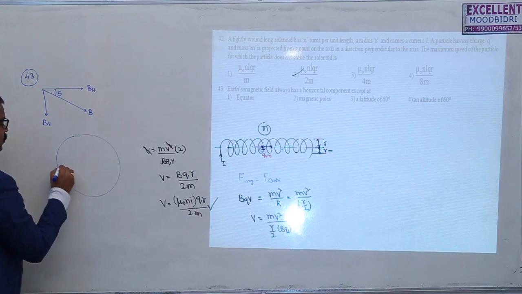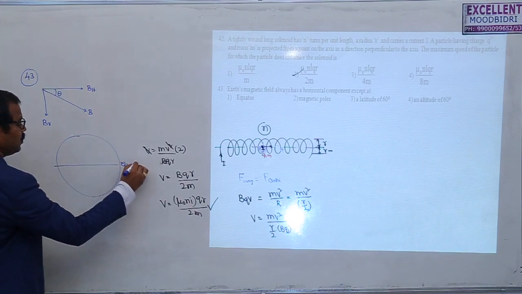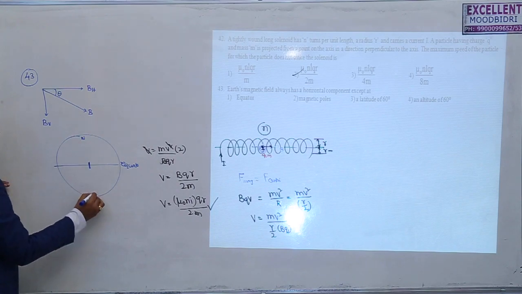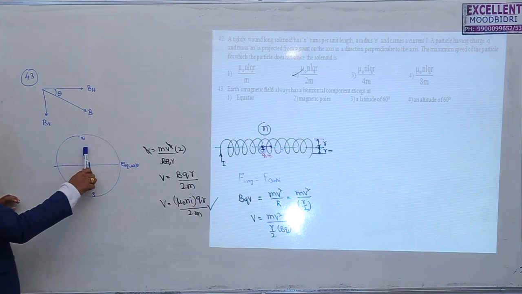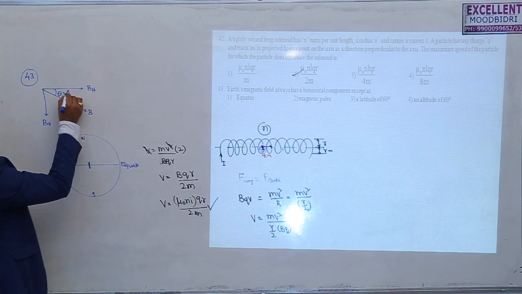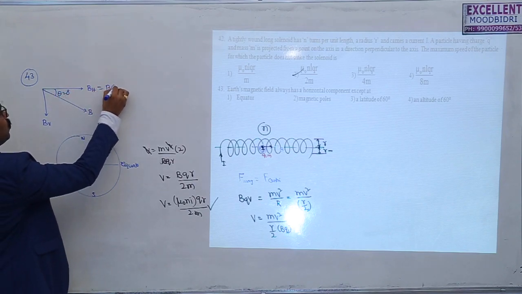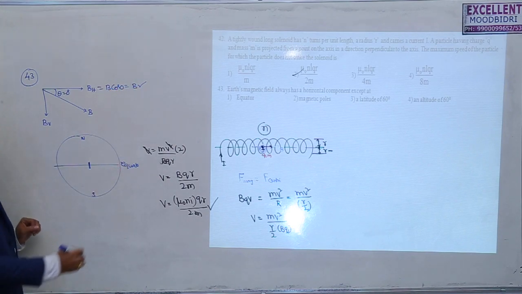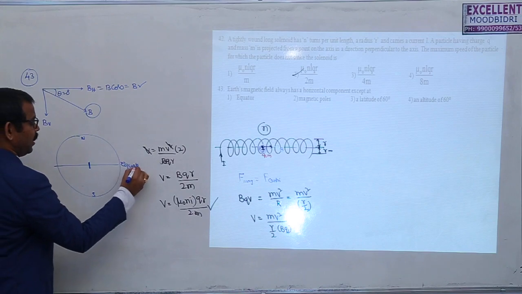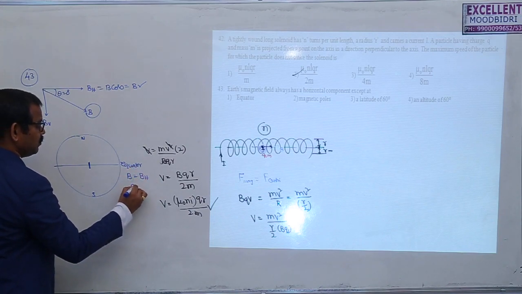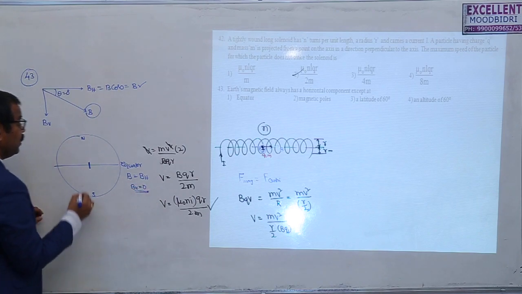At the equator, the needle always shows the north and south directions of the earth, so it is parallel to the surface of the earth. Theta will be 0. When theta is 0, BH is B cos 0, which is equal to B only. So at the equator, B is equal to BH, but BV will be 0.